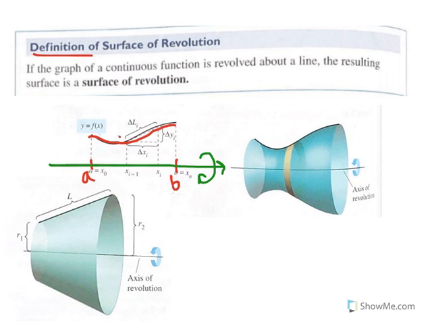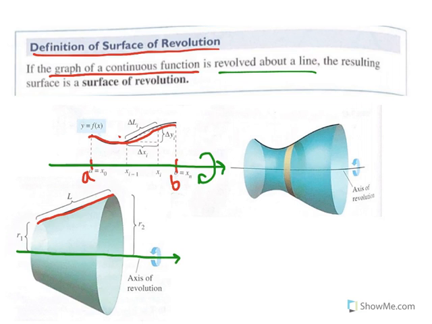So going back to the definition of a surface of revolution, suppose the graph of the continuous function is just a line segment. If you have a line segment that is revolved about an axis of revolution, here's the axis of revolution, the x-axis, the resulting surface is a surface of revolution.